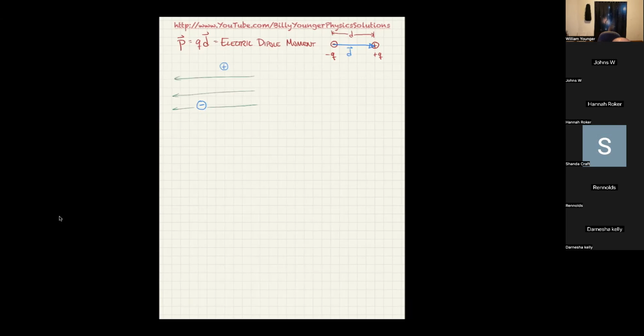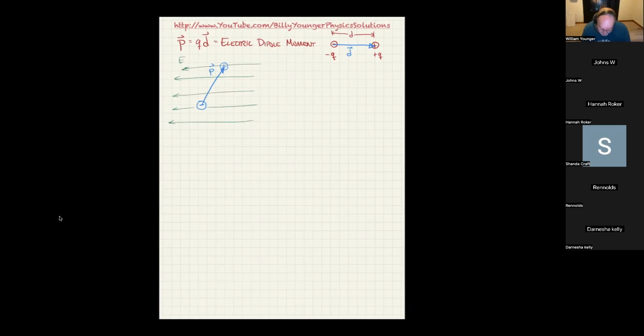They're all supposed to be horizontal, even though it doesn't look like I'm drawing them very horizontally. Okay, so there's our electric field. And in fact, our dipole moment vector is right here. So there's our P vector.